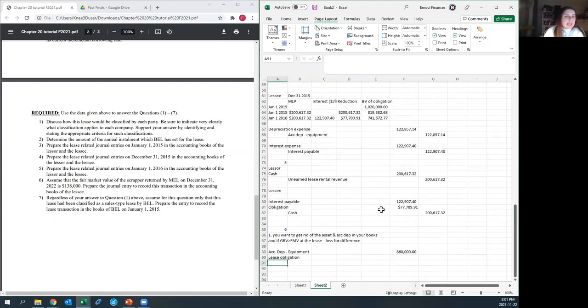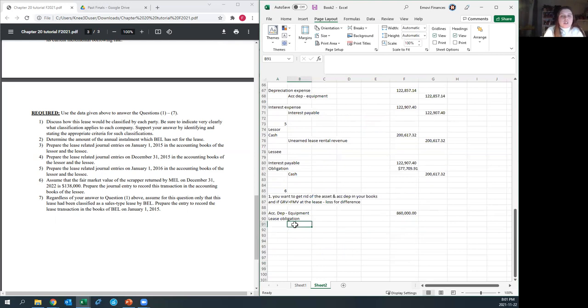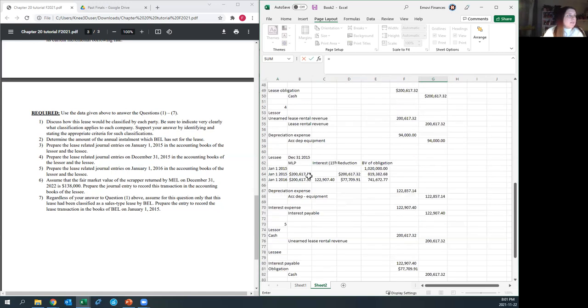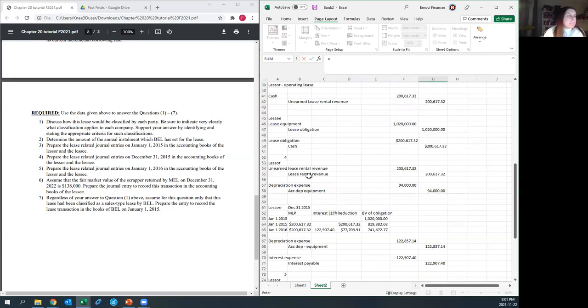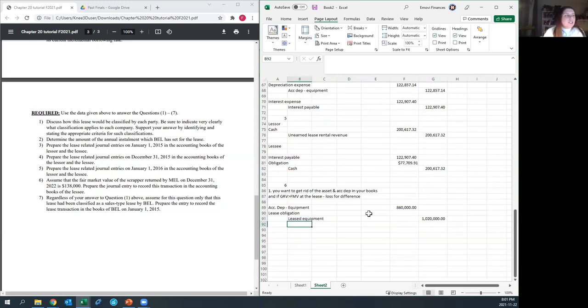It's going to be your balance at the end here. I'm just going to plug it because I'm feeling lazy. Then you have your lease equipment for the amount that we recorded in the books on January 1st, 2015 of $1,020,000. So here your lease obligation is going to be reduced by $160,000.